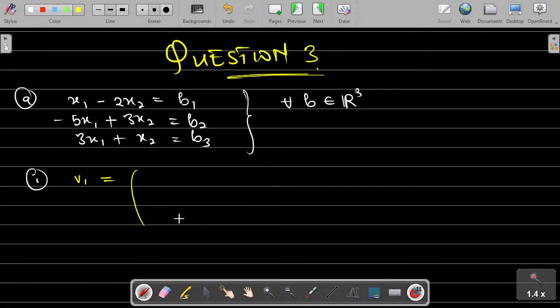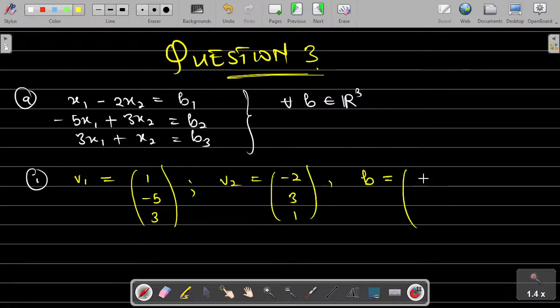Here v1 is 1, minus 5, and 3, and v2 is the coefficients of x2, which are minus 2, 3, and 1. Then you have the constant side, which is your b, given as b1, b2, and b3. No values were given there.